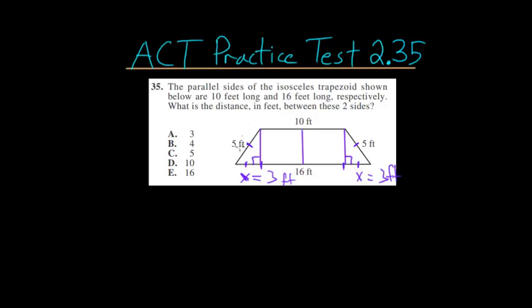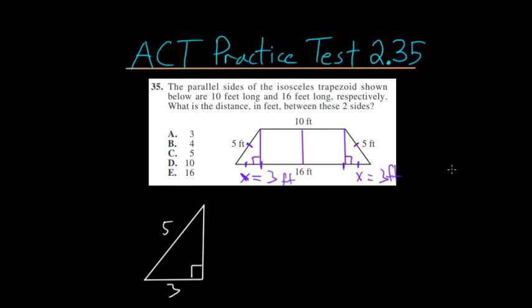So let's take a closer look at one of these triangles, since they're both the same triangle, essentially. After redrawing the triangle, we know two of the sides, and we know that it's a right triangle. To find this missing side, which would be the distance between the 10-foot side and the 16-foot side, we would have to just use the Pythagorean theorem.